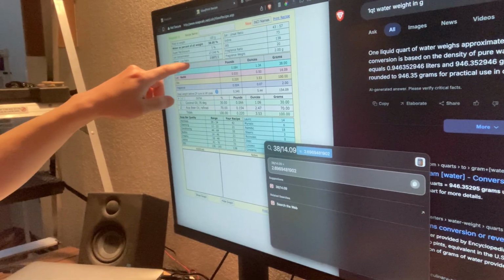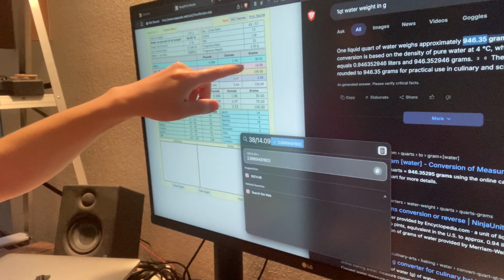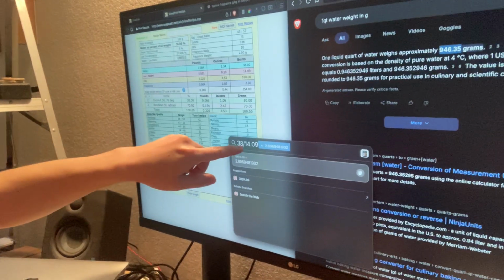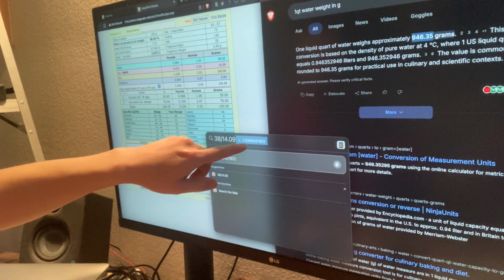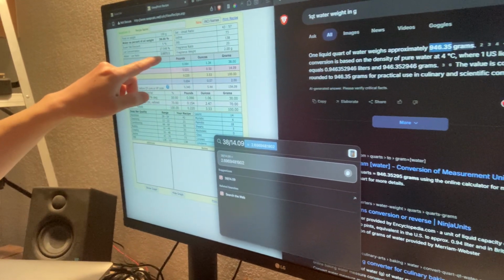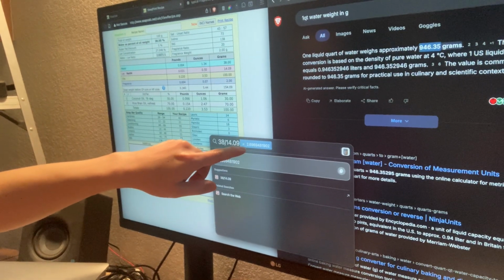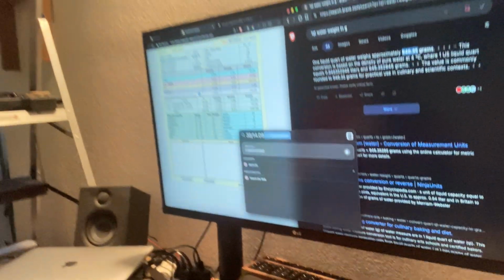So the water to lye ratio is 2.6971. It calls for 38 grams of water and 14.09 grams of lye, and that equals 2.6969, and here is 2.6971. I'm not sure why this is giving me 6969 and this one's 6971, but it's close enough.